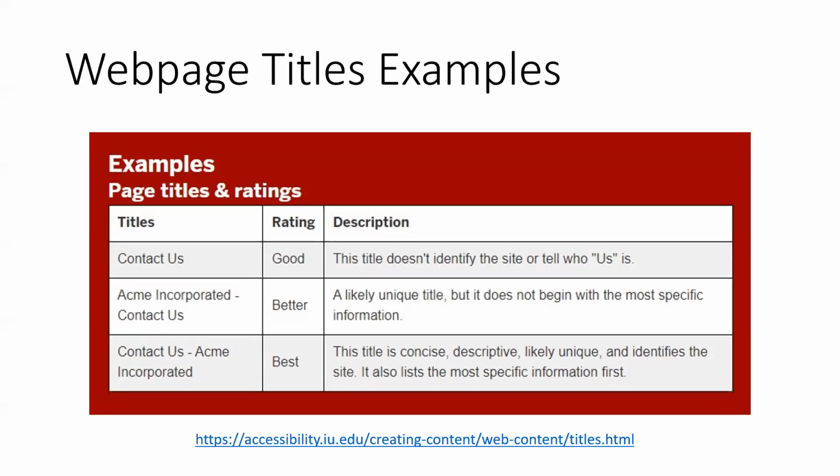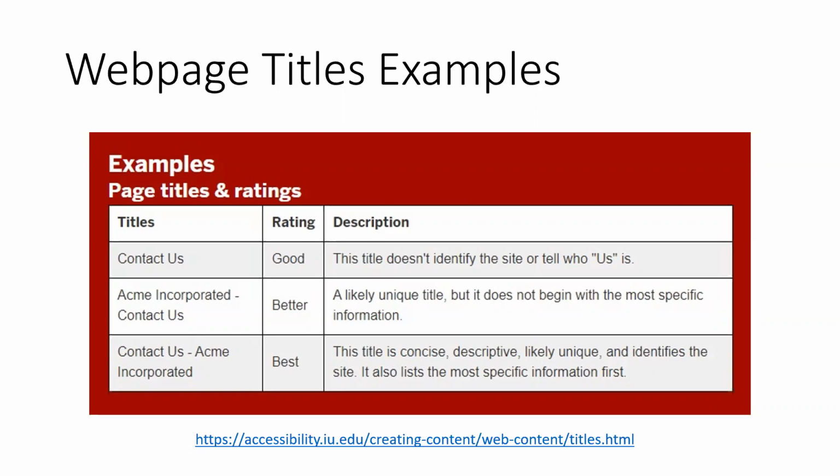These are some examples of web page titles. These are from Indiana University's Web Accessibility Resource. These are all good web page titles, but some are better than others. For example, a web page titled "Contact Us" is good. However, this title doesn't identify the site or tell us who "us" is.